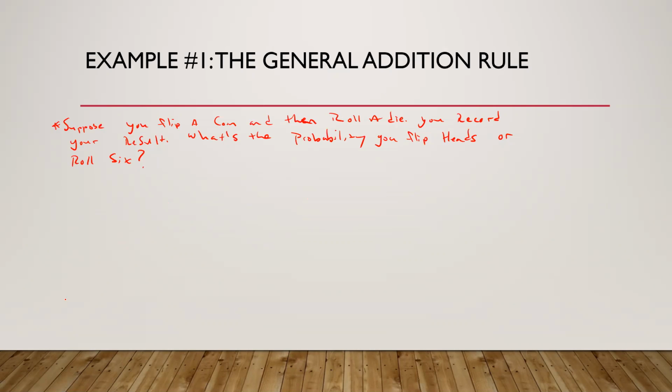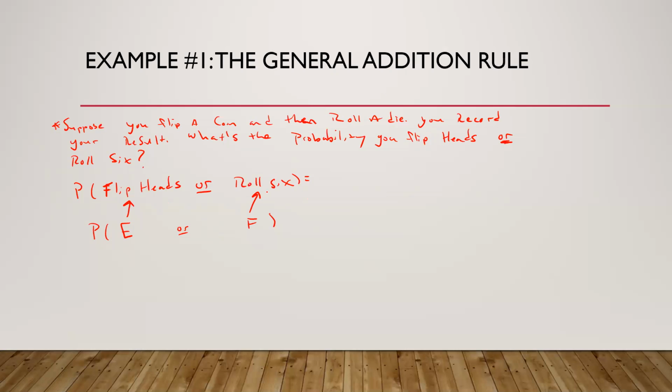So look, I'm going to write this as the following. It's the probability you flip heads or roll a 6. Okay. Well, look, this looks a lot like the probability of event E or event F. So my event E here is flip heads, and my event F is roll a 6.